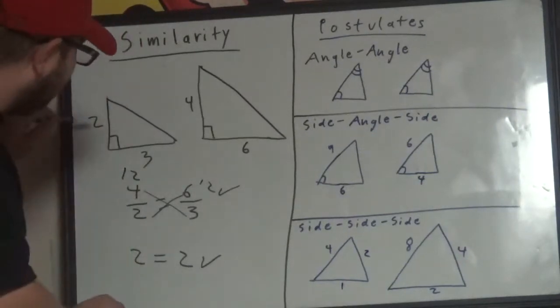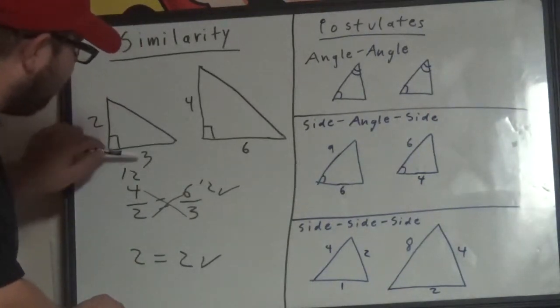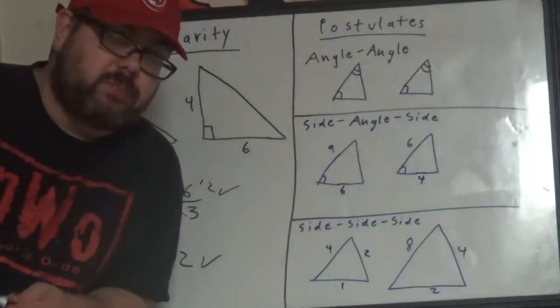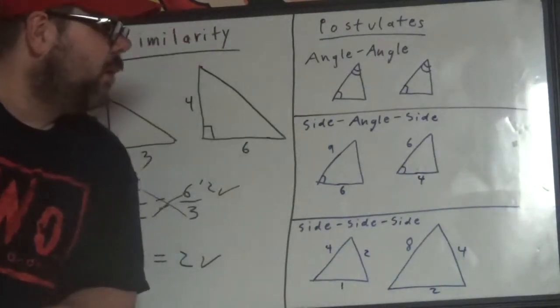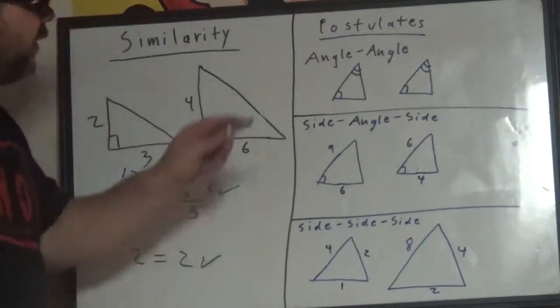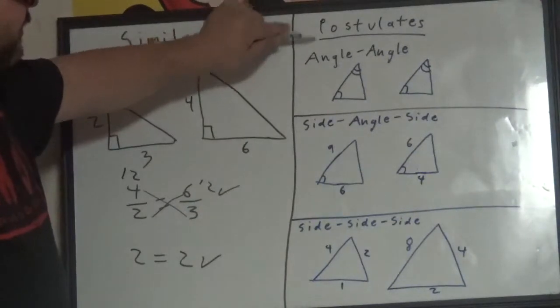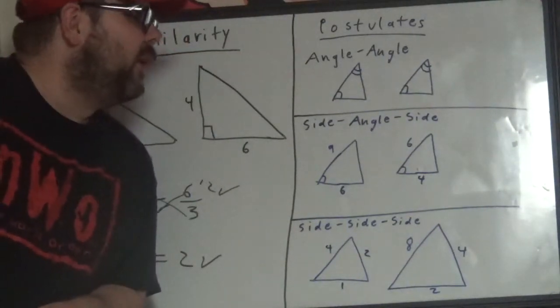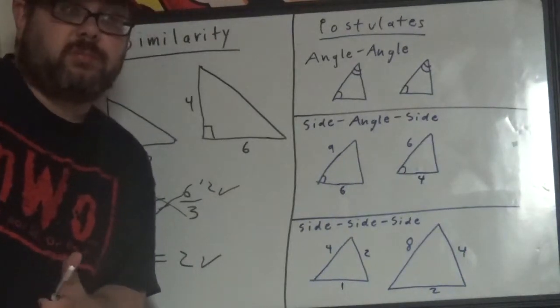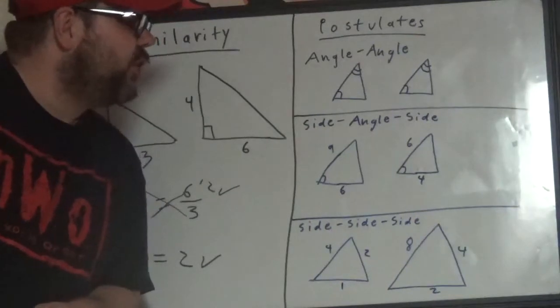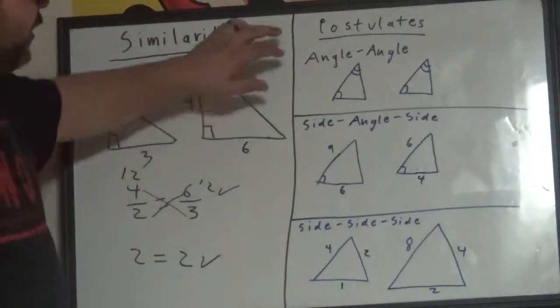So they're similar because they have a side, then an angle, and a side, which are either congruent or proportionate with each other. Now that is one of our postulates. And what do you know? We have a list of postulates over here. So the first one, postulates are kind of meaning rules that show similarity.